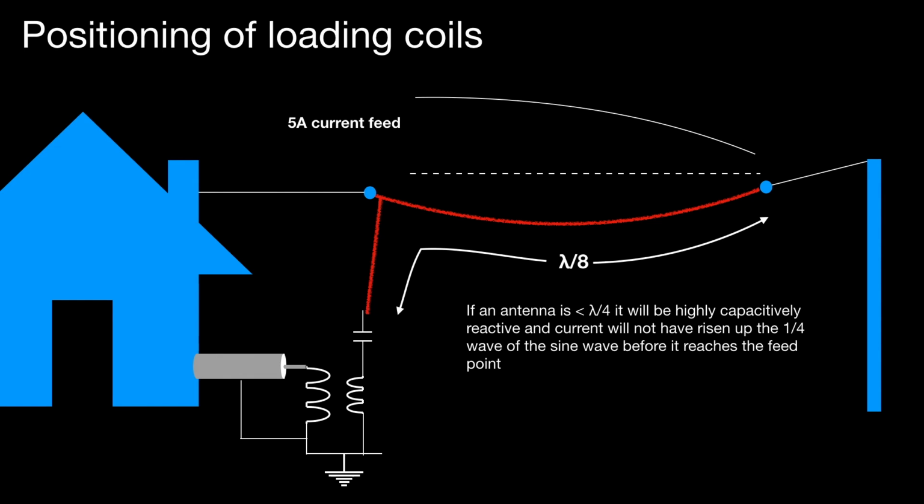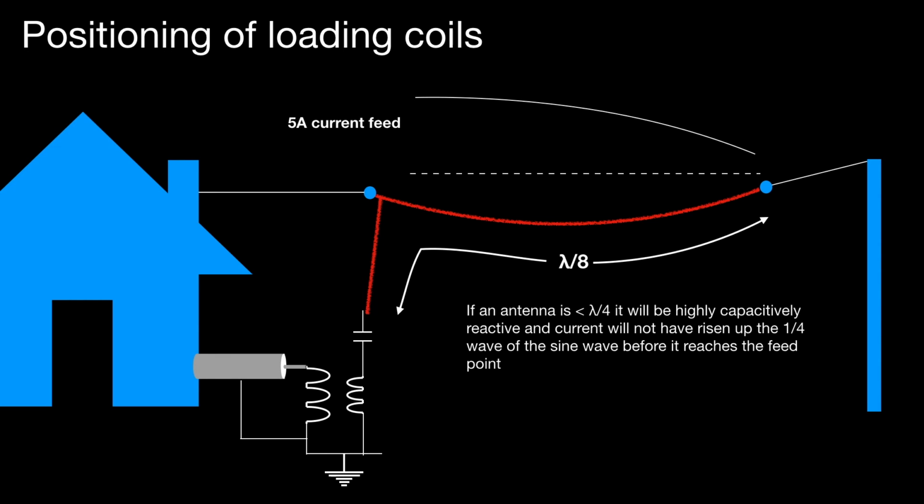Let's talk a little bit about the positioning of loading coils. If we had a lambda by 8 antenna, so we say here if an antenna is less than lambda by 4, it will be highly capacitively reactive, and current will not have risen up the quarter wave or the sine wave before it reaches the feed point. So we're saying that with lambda by 8, or anything much less than lambda by 4, the waveform won't have time to establish before the other half cycle comes along, and so the overall current will be less.